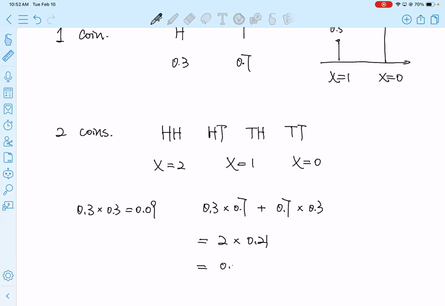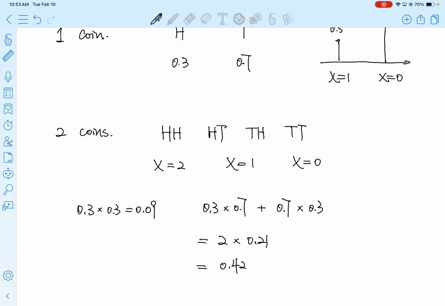You will have the 0.42. This particular numeric probability is assigned to the outcome of x equal to 1. Okay, so for x equal to 1, it has the numeric value of 0.42 for this particular outcome.